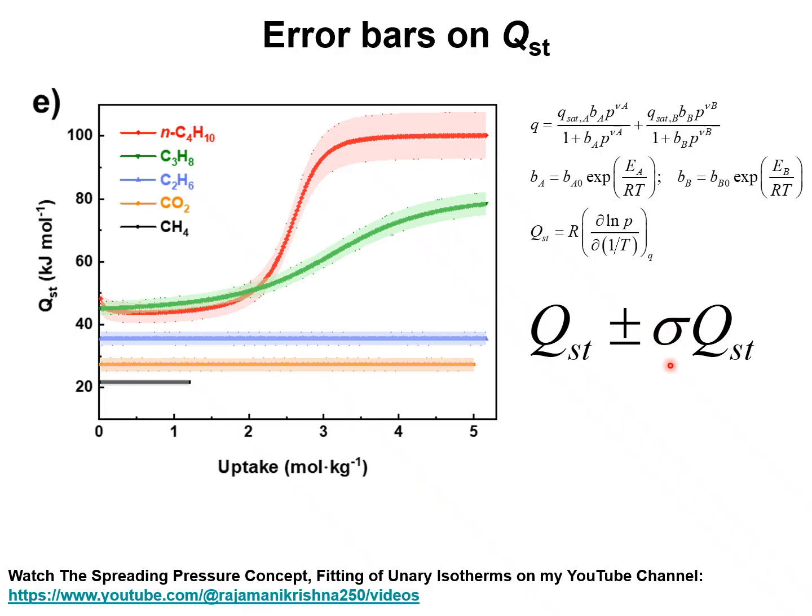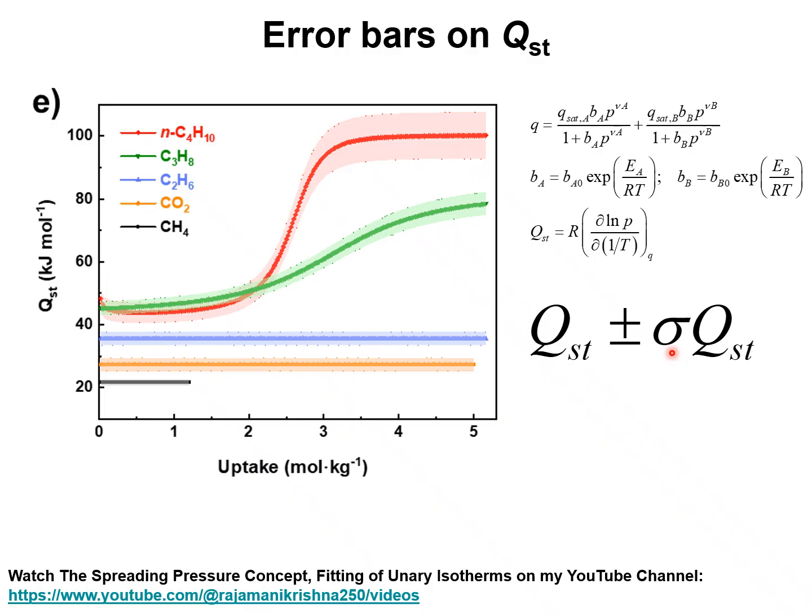This is the fractional error in the calculations of the loadings that are calculable for each of the guest molecules. Therefore, the error bars on the QST calculations are calculated by this expression, QST plus minus sigma, which is a fractional error, times QST.